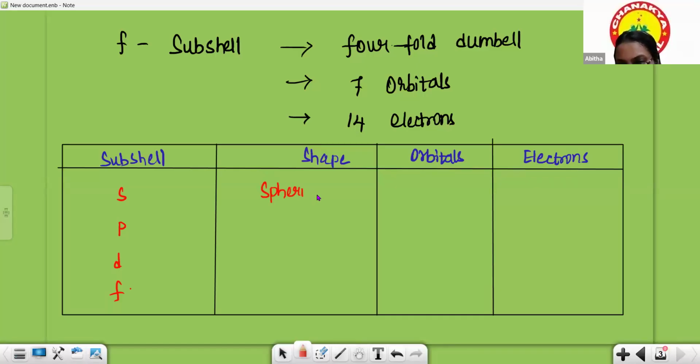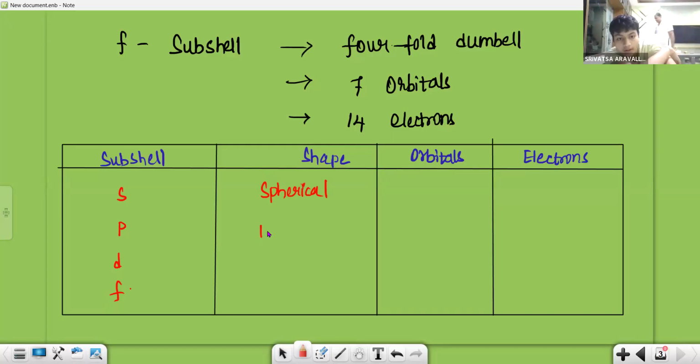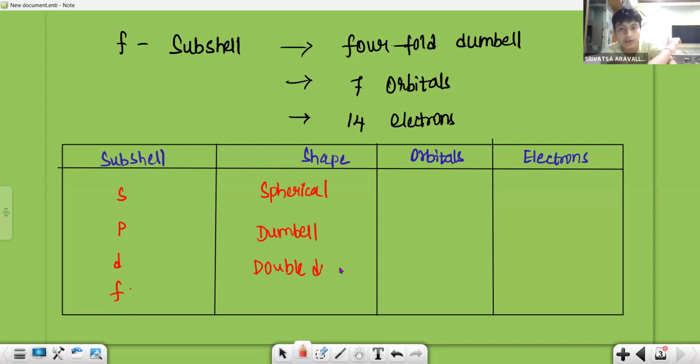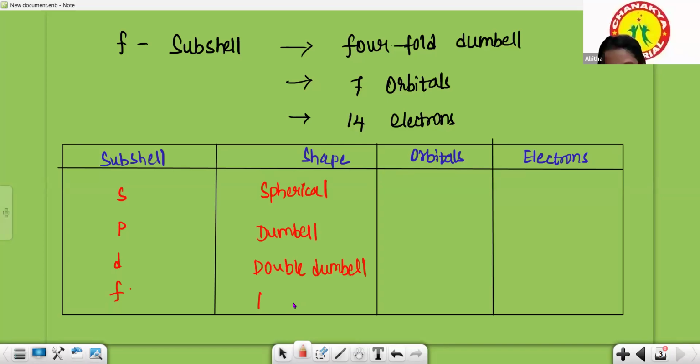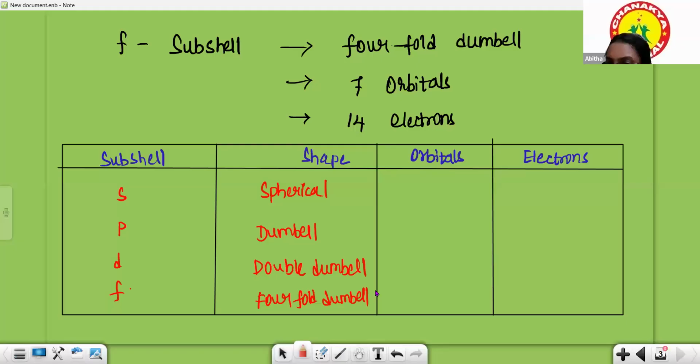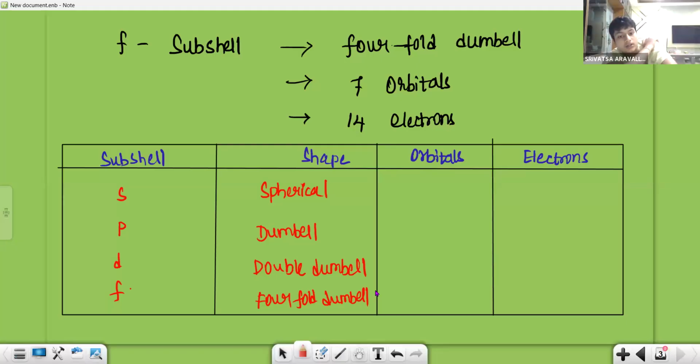P is dumbbell. D is double dumbbell. F is four dumbbell. S is spherical, P is dumbbell, D is double dumbbell, F is four dumbbell.